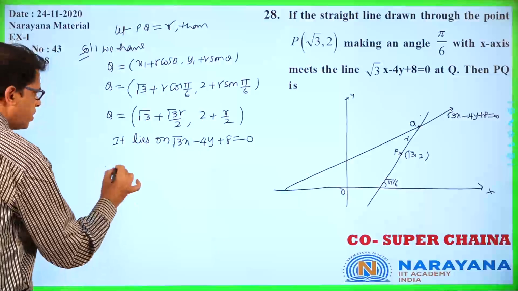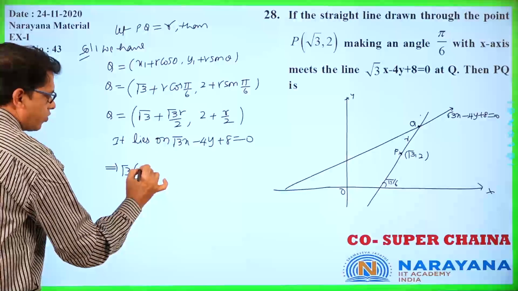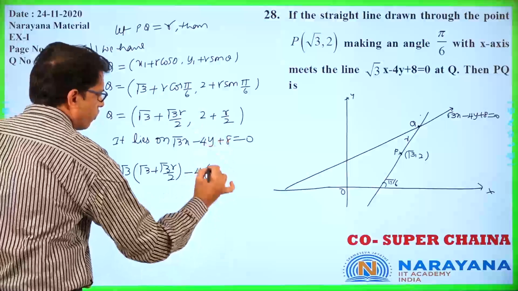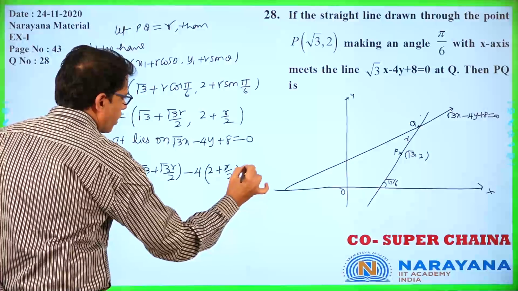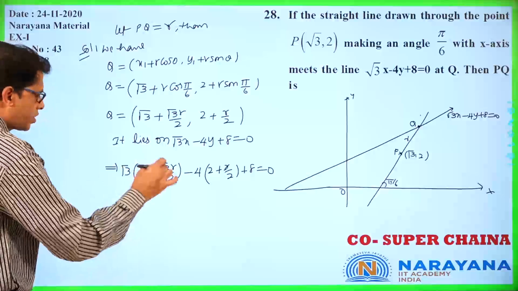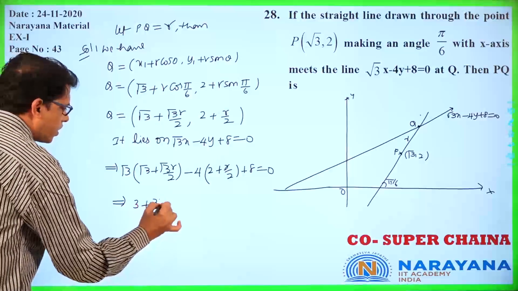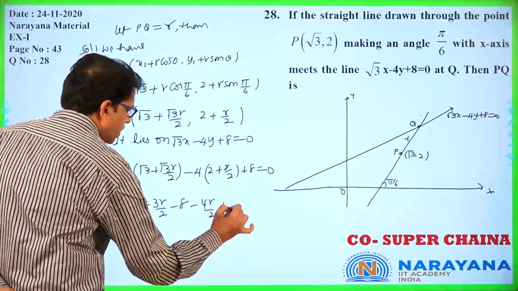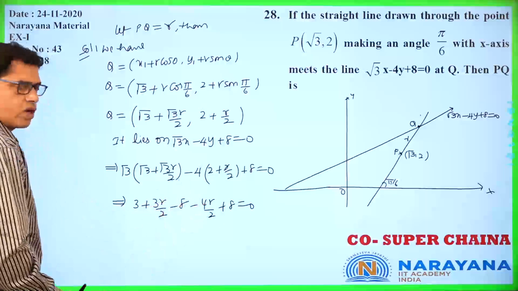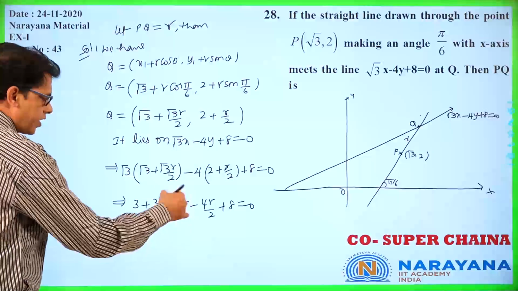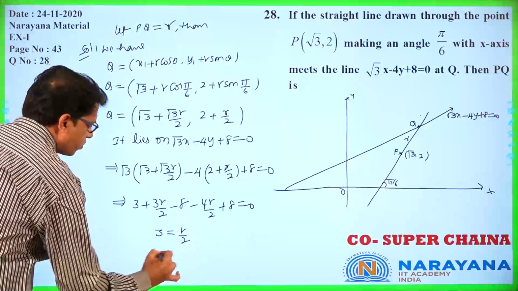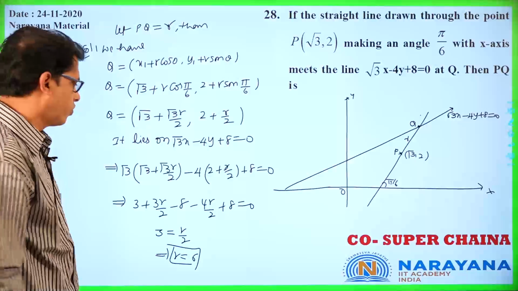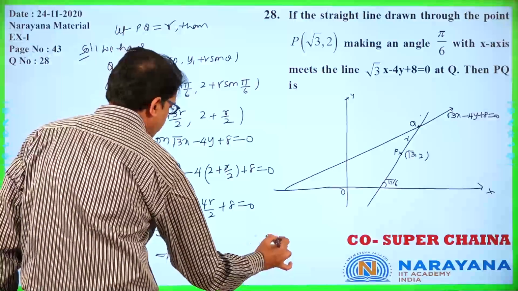Substitute: root 3 into the x value, root 3 plus root 3 r upon 2, plus minus 4 into the y value, 2 plus r by 2, plus 8 equals 0. Simplify: 3 plus 3r by 2 minus 8 minus 4r by 2 plus 8 equals 0. So 3r by 2 minus 2r by 2 gives r by 2; take it to the other side, the 8 cancels out. So 3 equals r by 2, so r equals 6, which means the distance PQ is 6 units.